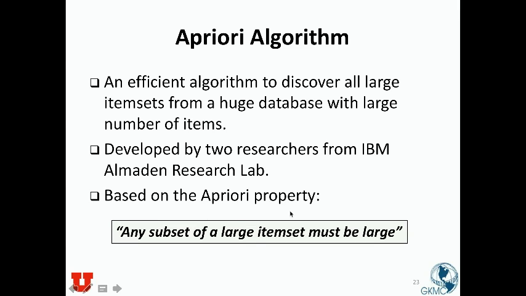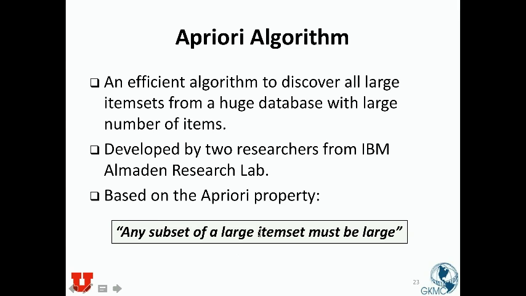And so the apriori property is defined using the concept of large item set. If we remember, a large item set is a set of items whose support meets the minimum support threshold. For example, previously 60% is the minimum support threshold level.